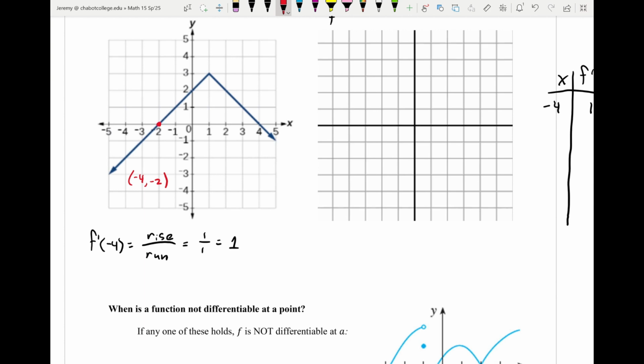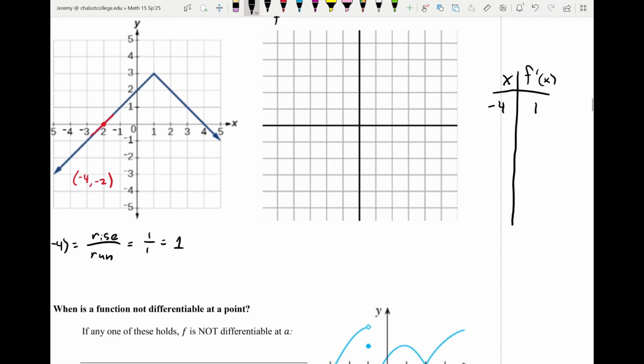What does it look like the slope of the tangent line is at -2? Well, it's the same as at -4. It looks like the slope is still +1, right? So if I plug in -2 into the derivative function, it looks like I get out +1 again. Same with -1. Same with 0. Same with 1/2. All the way up until we get to x equals 1.